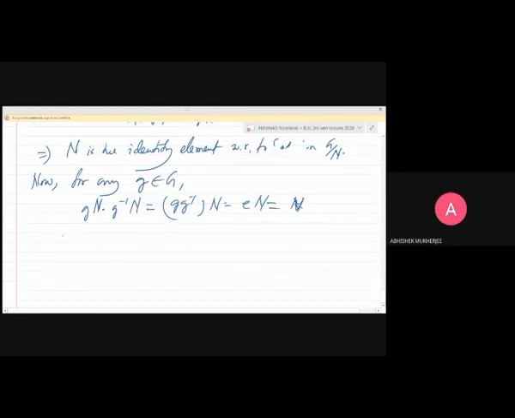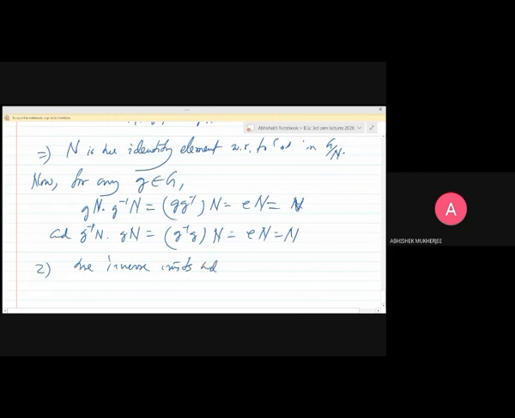Then again g⁻¹N · gN is g⁻¹gN, so again it is eN, so again it is N. So this implies the inverse exists, and the inverse of gN is g⁻¹N.